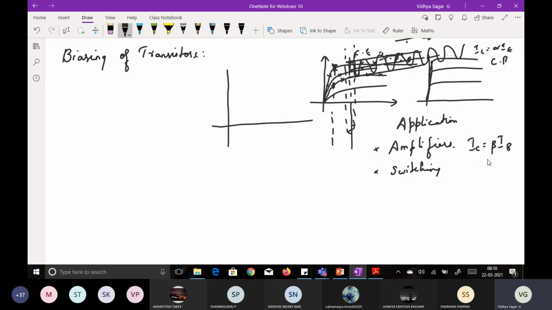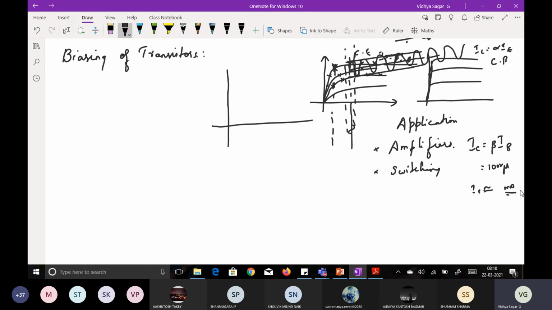So here you could see my IB is in terms of micro, and beta is approximately, say, 100. So IC generally I'll be getting in terms of milli. Exactly. Theoretically, approximately my answer will be in terms of milli. So just by seeing the difference between your IB and IC, you could say it is amplified.